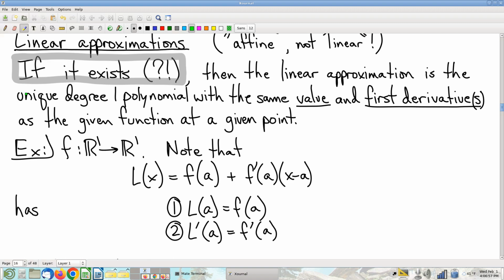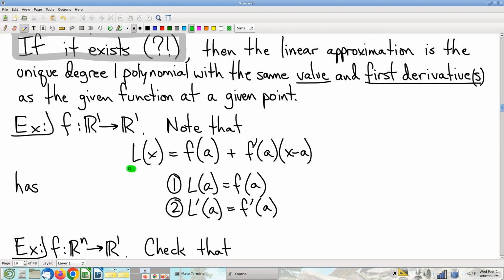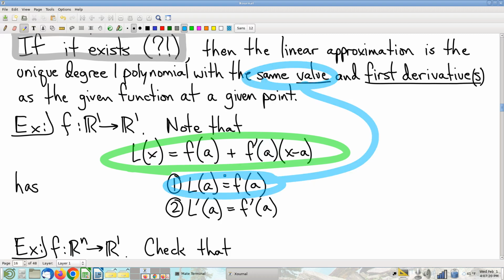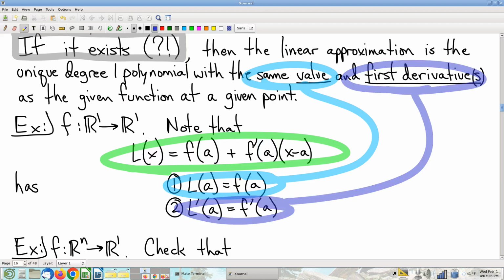Okay, so here's what it is. Now, there are different ways you can think about this formula right here. The way I like to think about it is that this formula, notice it's a degree 1 polynomial, because there's only a single power of x, right? And in fact, this is the only degree 1 polynomial that agrees with f in terms of the value at the point a and also in terms of the derivative at the point a.